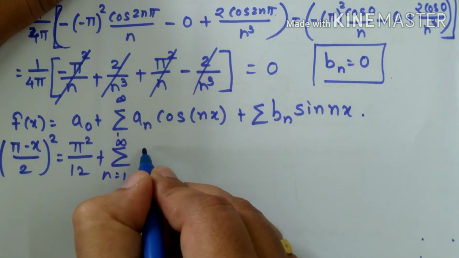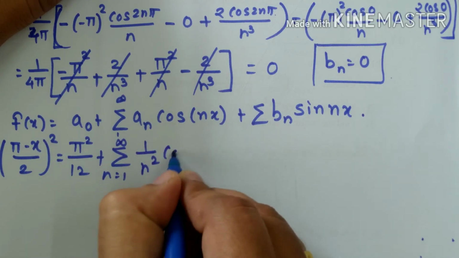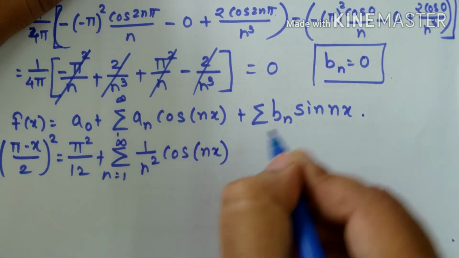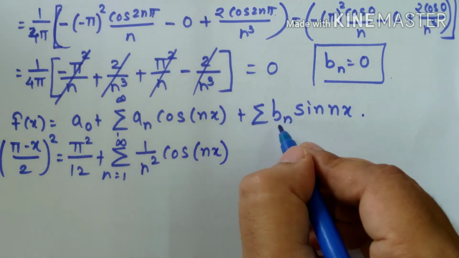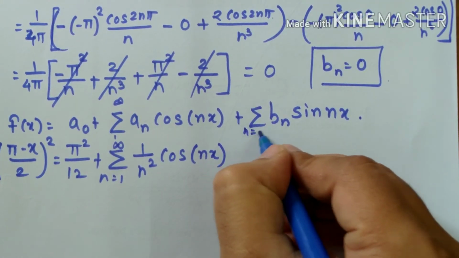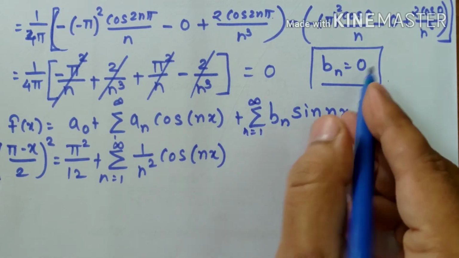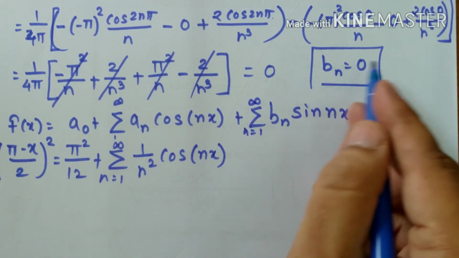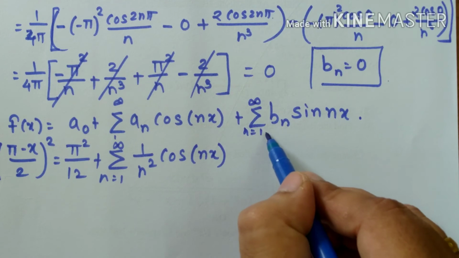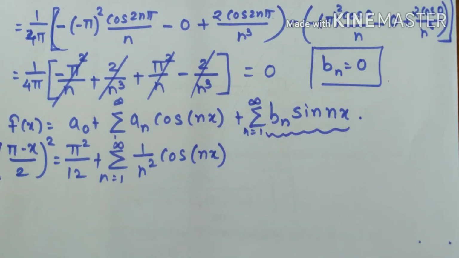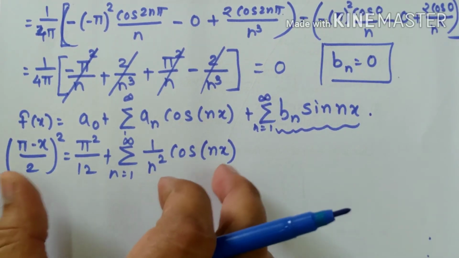What is the value of an? 1 upon n square into cos nx. And what is bn? Bn is 0. If n equals 1 to infinity, when it is b1, it is 0, b2, 0, b3, 0. That means all the terms having bn, the second term, is going to be 0. Hence, my Fourier series is only this.